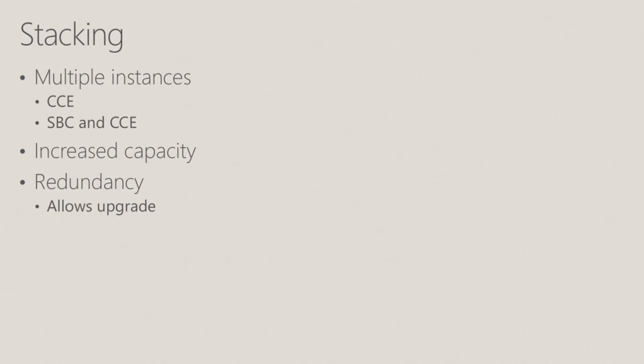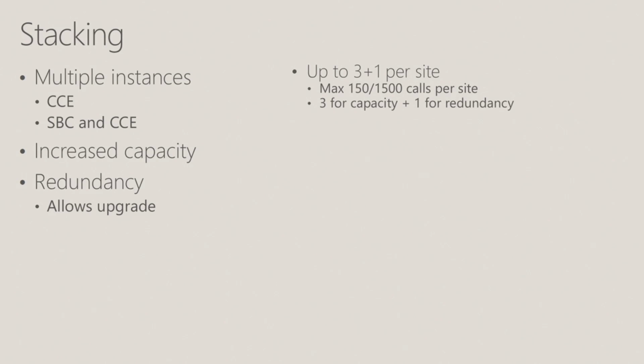It allows upgrade of firmware on each box at your own pace. And the rules are you can have 3 plus 1, which means you can have 4 units where 3 of them are always on and 1 is kind of spare. So that makes a capacity of 1,500 calls per site if you go with the big ones.